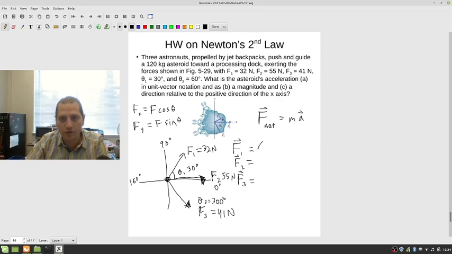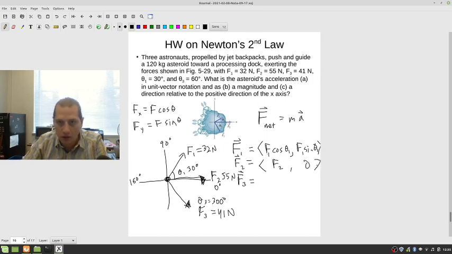My F1 is going to be F1 cosine angle 1, comma, F1 sine angle 1. My F2 is just going to be F2 comma 0, and I can see that because it's oriented along the x direction.